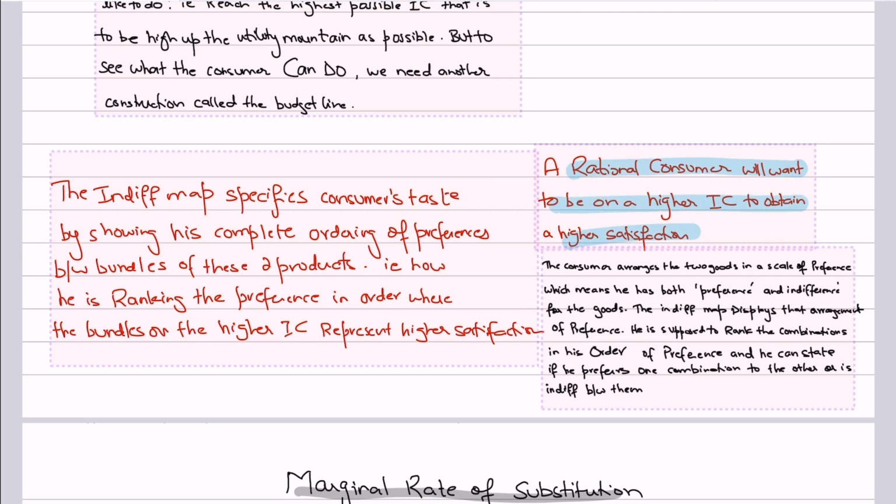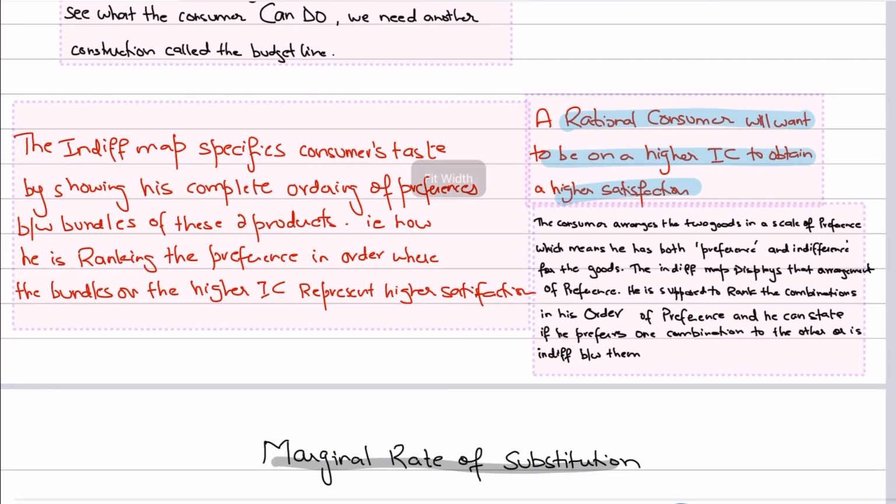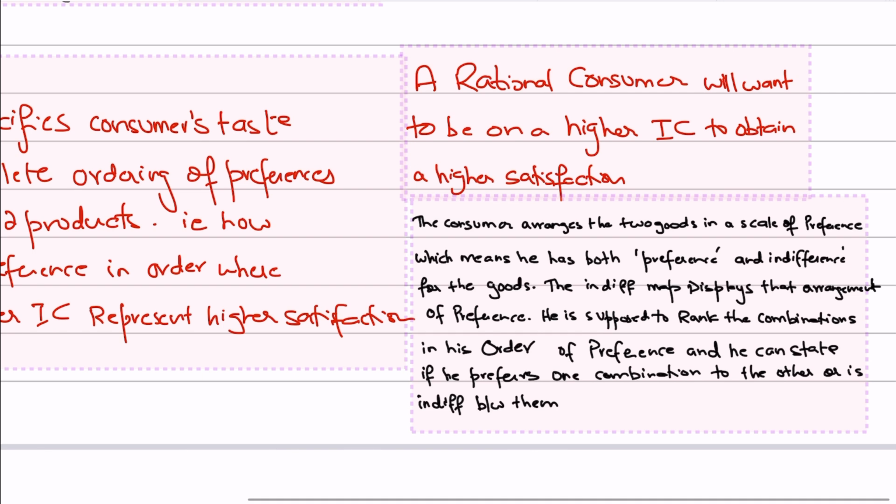ठीक है? So yes, and so copy this as well. ठीक है, ये जो मैंने लिखा हुआ है, and yeah, more or less ये भी मैंने आपको बता दिया है. I mean, it's the same thing that I've mentioned earlier as well. Indifference map arrangement of preferences show कर रहा है.